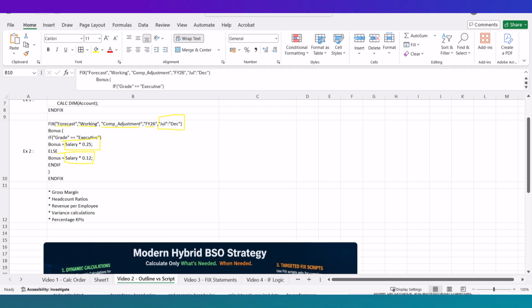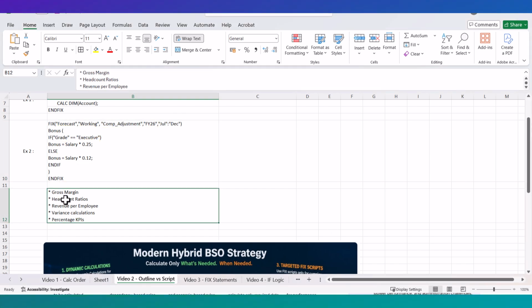Outline formulas are still extremely important in hybrid BSO, especially for lightweight calculations. For example, gross margin, which is nothing but revenue minus COGS, and similarly headcount ratio, revenue per employee, and variance calculations. The gross margin formula remains the same regardless of what scenario we are looking at. It can be actual, it can be forecast, or it can be plan. But my gross margin calculation is very simple, that is revenue minus cost of goods sold.